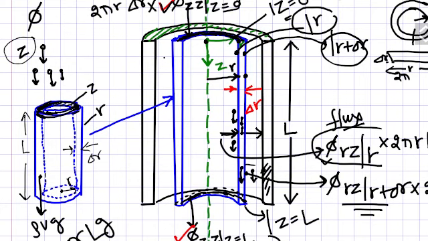Two boundaries are here. One boundary is at the center, where r is equal to 0, and one boundary is at the surface of the metal where the tube is, where r is equal to L. So this is your first boundary condition, and this is your second boundary.